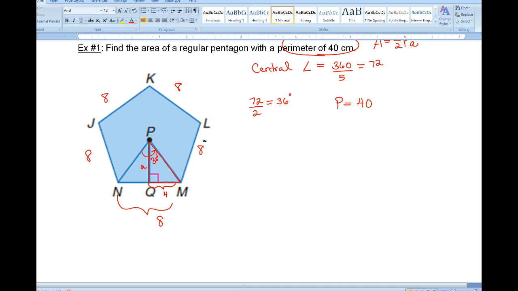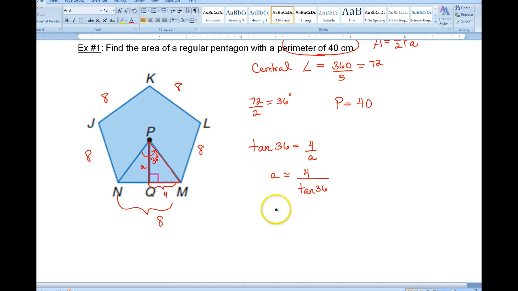Okay, so now we have to think SOHCAHTOA. We have 36 degrees. We have the opposite side is 4. We want to find the adjacent. So this is tangent. So we're going to use tangent of 36 equals 4 over a, or a is equal to 4 over tangent of 36. Now I can't use special triangles. I can't use 30-60-90 or 45-45-90 because it's a 36-degree angle.